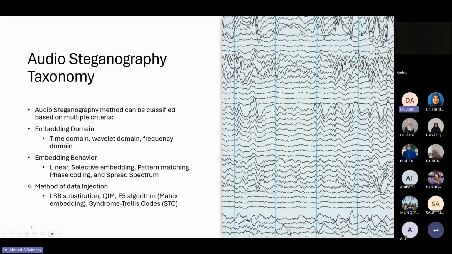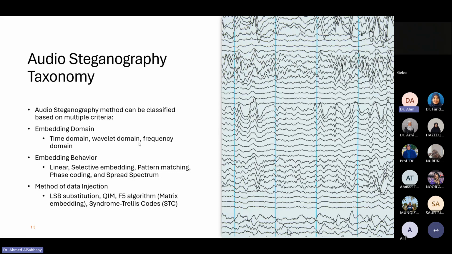And the third one is the method of data injection. If we classify the steganography methods based on domain, we will have the time domain methods, the wavelet domain methods, and the frequency domain methods. We can talk more about these methods.